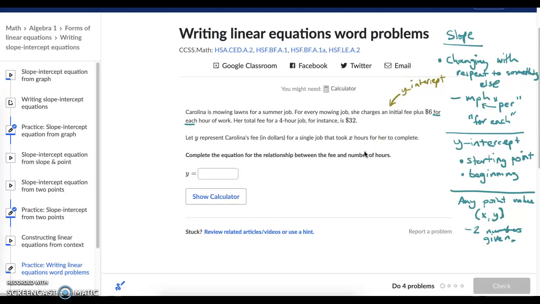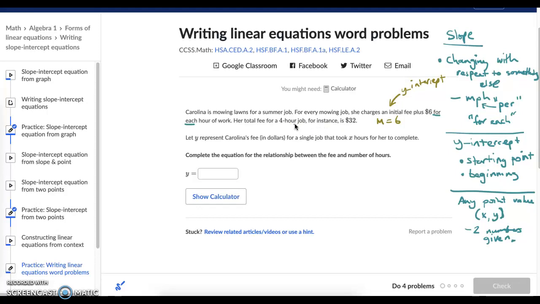Before she ever starts working, she wants the initial fee. But they're not telling us what the initial fee is. They are telling us, however, that our slope m is $6 per hour. Her total fee for a 4-hour job, for instance, is $32.